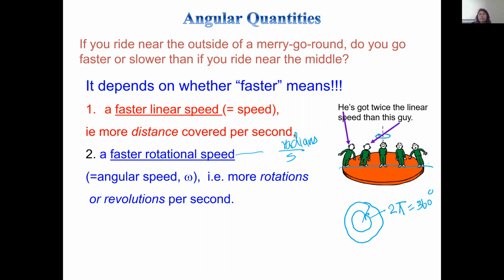That is called the angular speed. If somebody makes more rotations per second, that has more angular speed. But all the people sitting on the merry-go-round have the same angular speed because they are doing the same radians per second rotation.